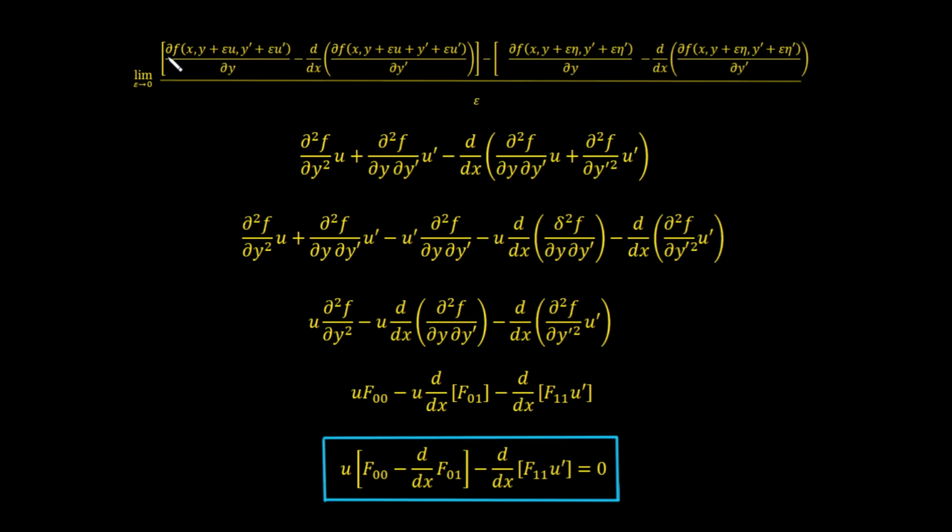So if we're going to differentiate this here, we're going to end up with second derivatives and mixed derivatives. So let's take the first term here. The first term here, we're going to have our partial squared f by partial y squared.